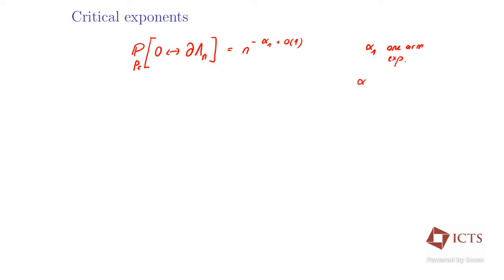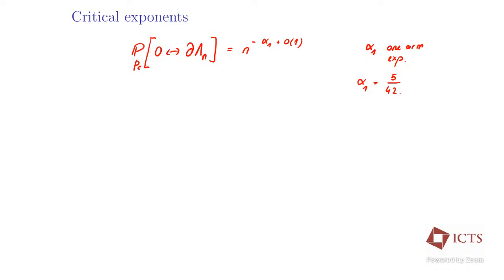And if I'm not mistaken, alpha 1 is supposed to be 5/42. I forgot to check the value. It just came to mind now. I think it's this, or 48 maybe. I can't remember. But it's a nice rational number.